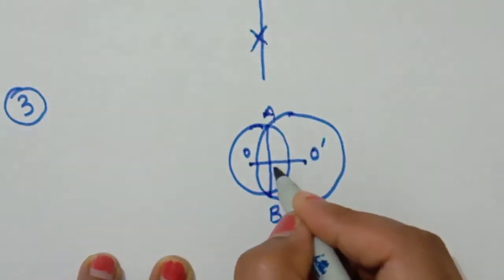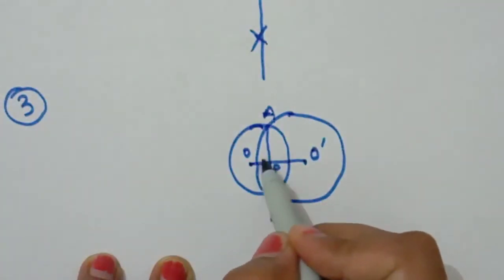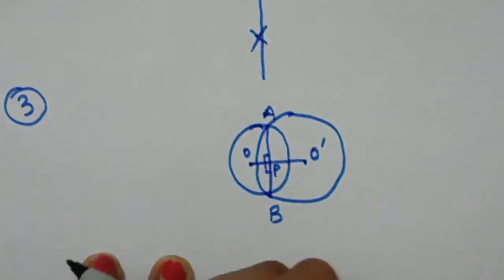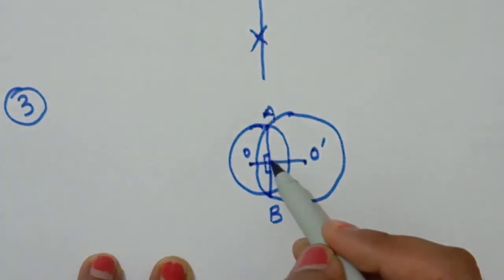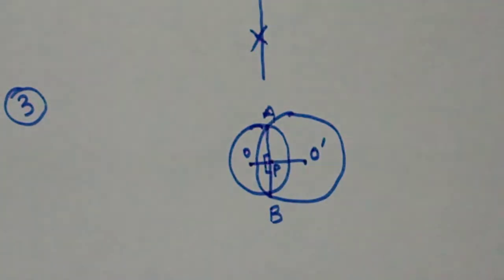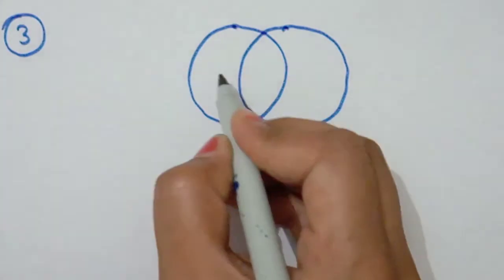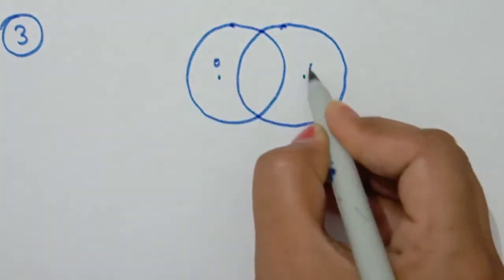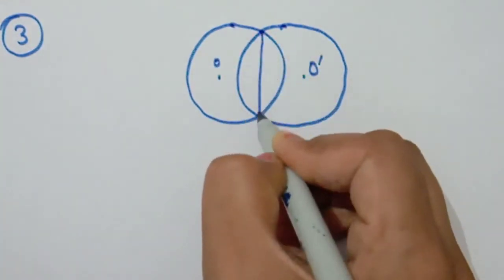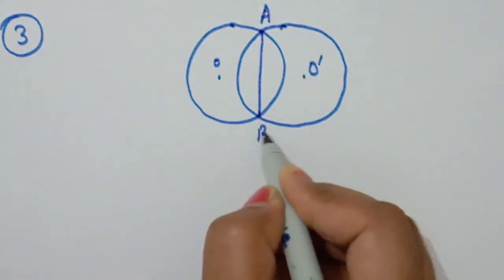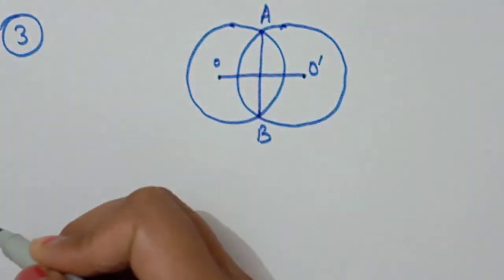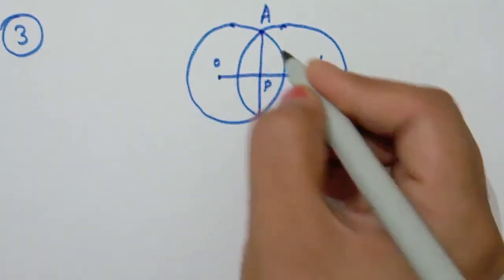It means if we mark this point P, we have to prove that these angles are 90 degrees and that AP and PB are equal to each other. We will make another diagram for understanding the question more accurately. This is the center O, this is the center O dash, this is our common chord AB, and this is the line joining the centers, with point P.